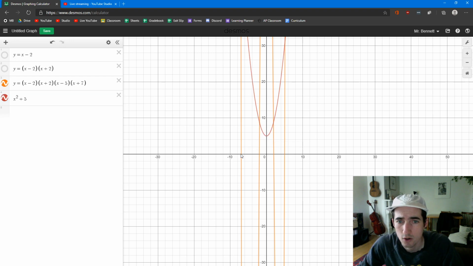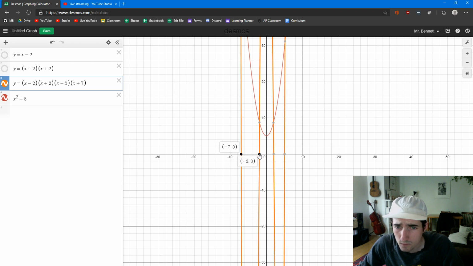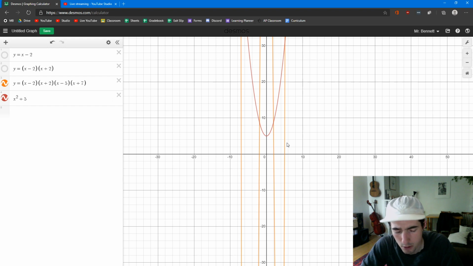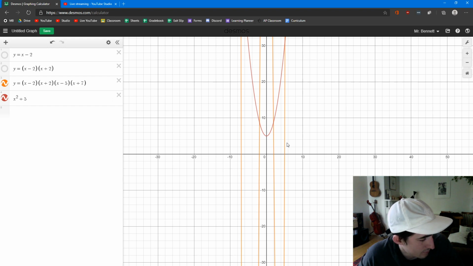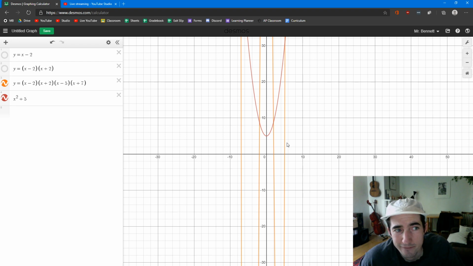So for now, what I would like you to do is give me a polynomial that has roots at 1, 3, 5, and 7. Okay, so give me a polynomial that has roots at 1, 3, 5, and 7. That's what your exit slip is today.